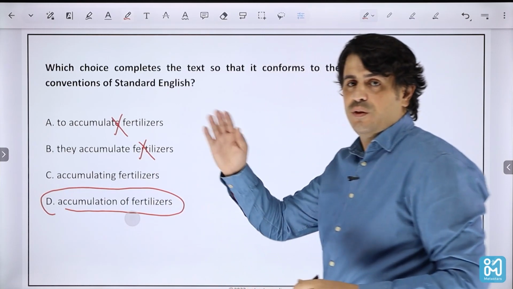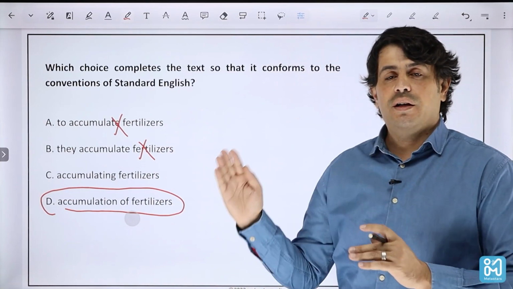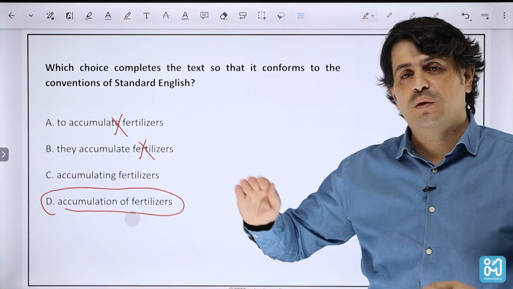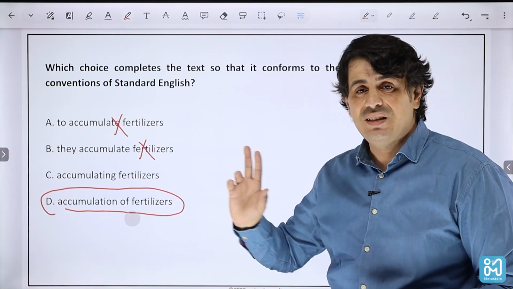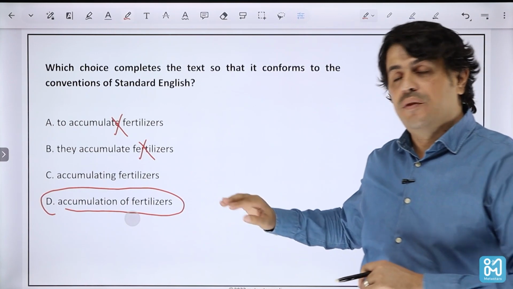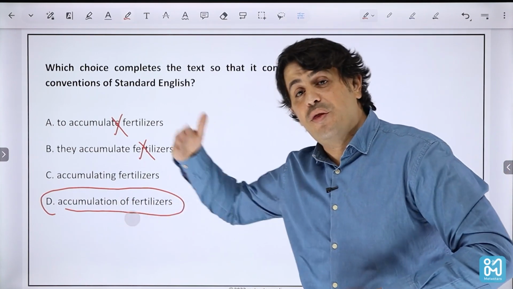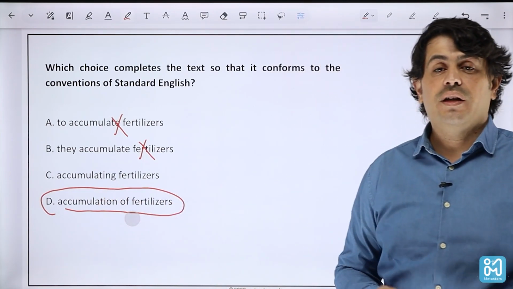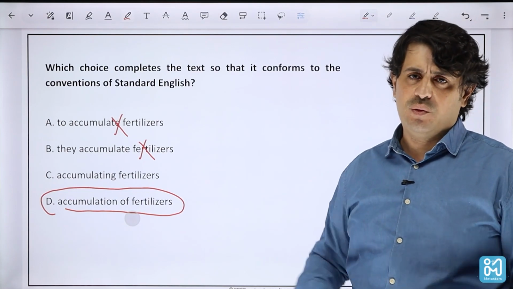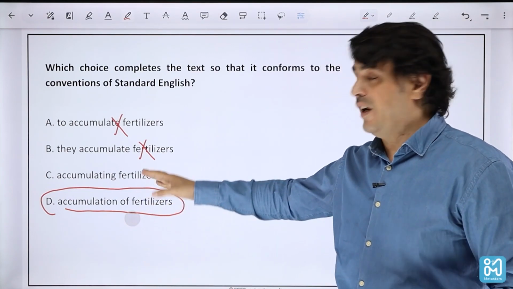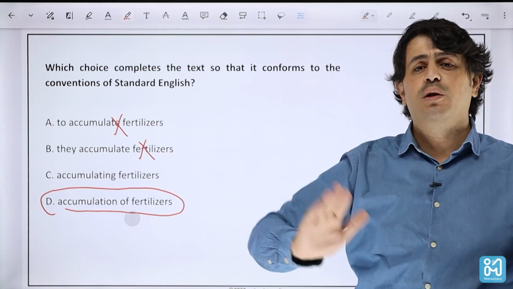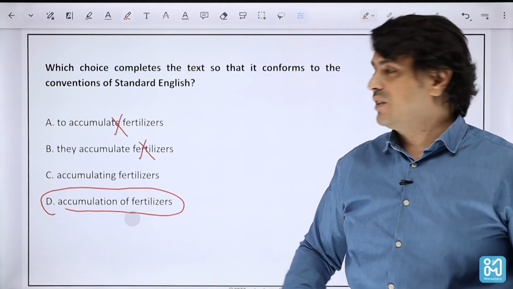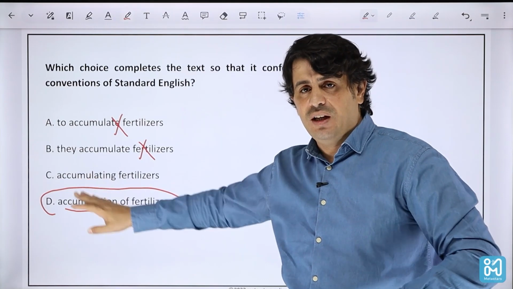Because my list started with a noun, so the best way to start my third group of words is with a noun, which is accumulation. If I had an ing word at the beginning of each phrase, it would make sense.